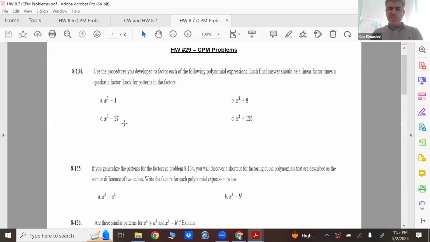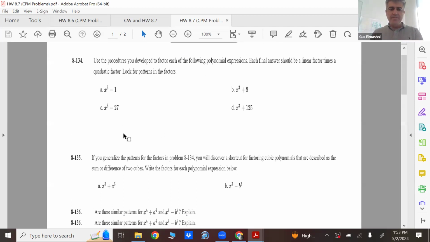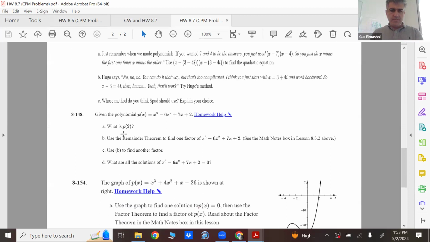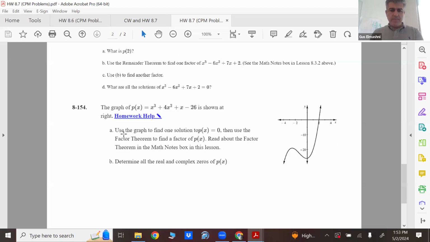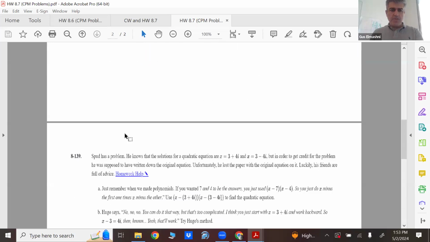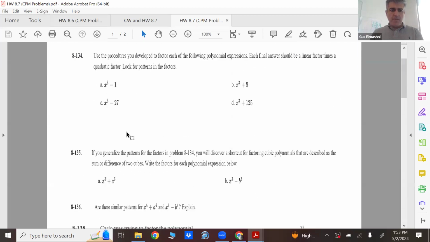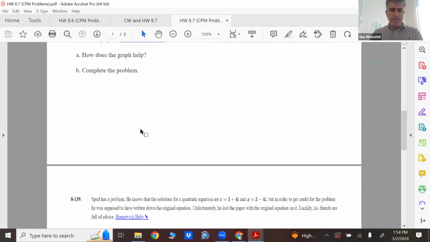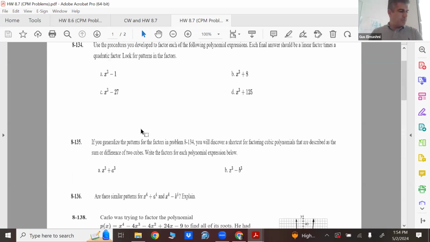I think 134 is a good one too. I think 148 is a good one. And 154. So I'll do 4 problems: 134, 138, 140, and 154. I'll update Schoology. So I'm gonna write this down.